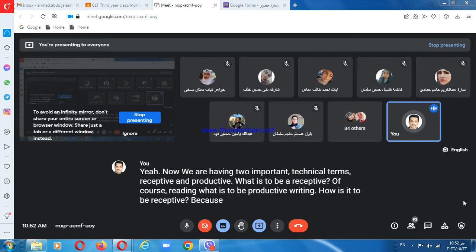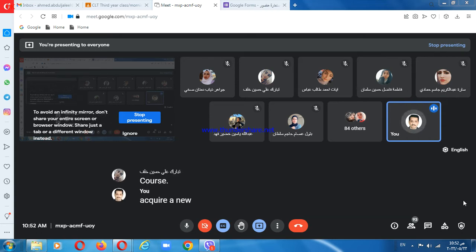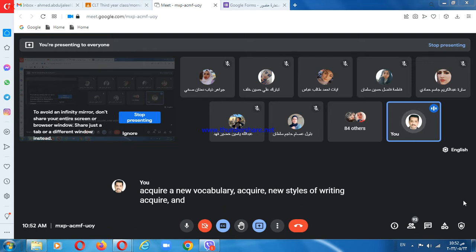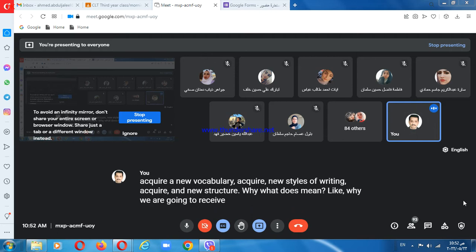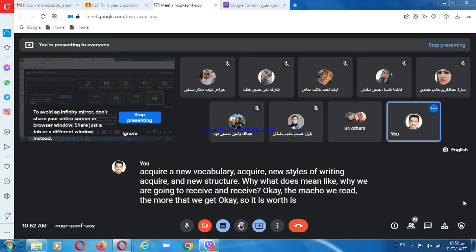Because in reading we are going to acquire new vocabulary, new styles of writing, new structures. Acquire. What does it mean? We are going to receive and receive and receive. The more we read, the more we get. So it is receptive, but it is not passive.